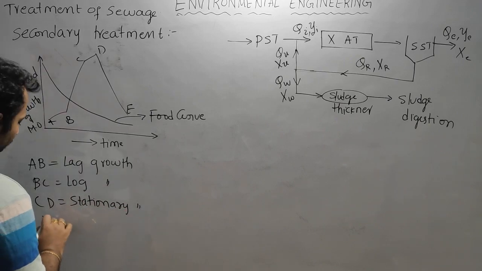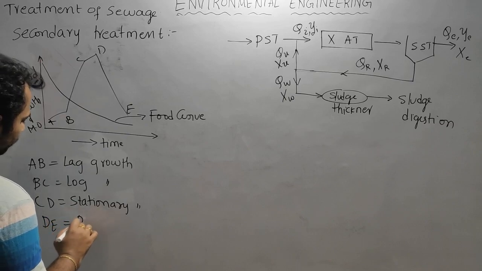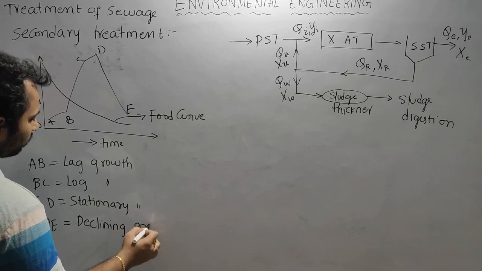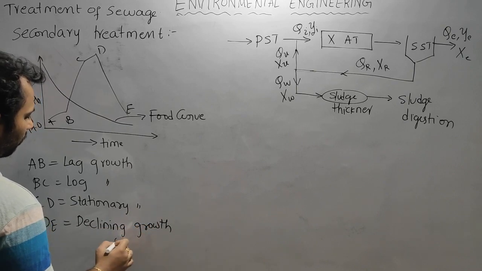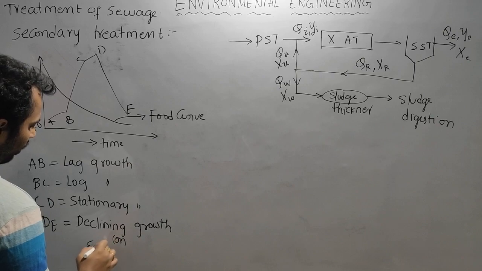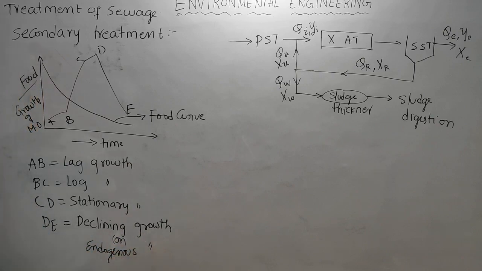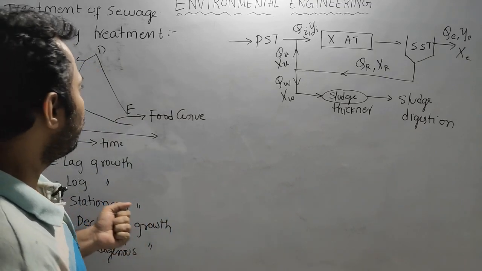DE, declining growth or endogenous growth. So declining growth means once the food is over, then what happens?